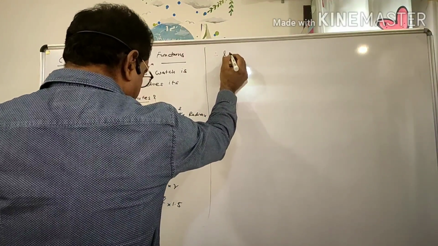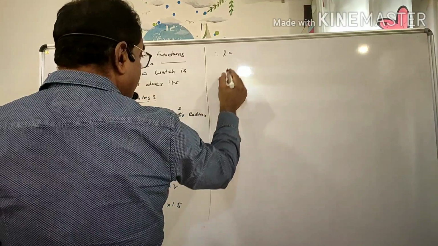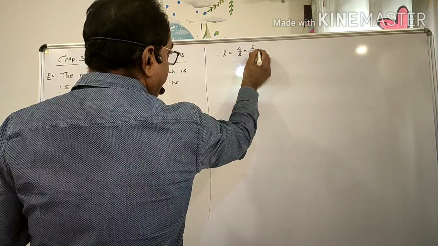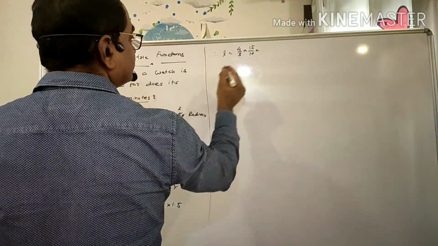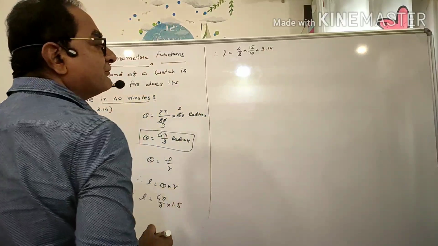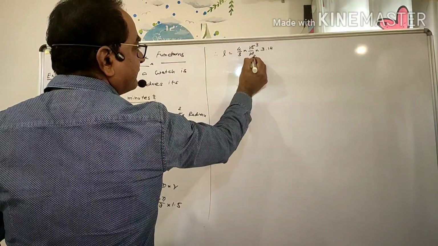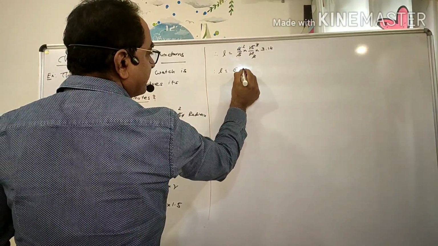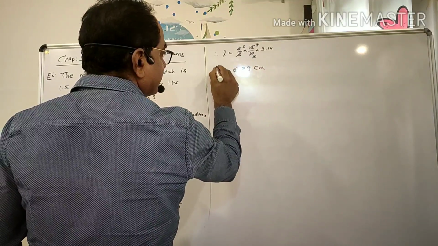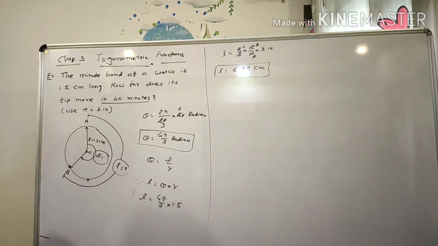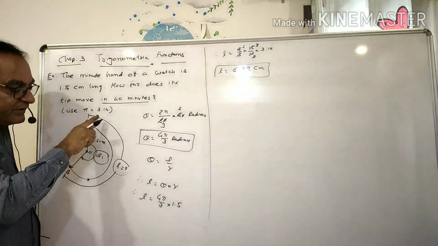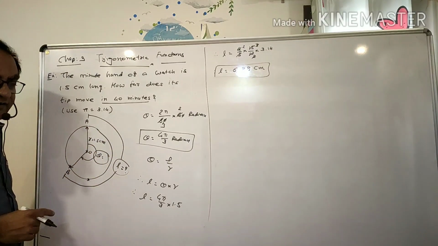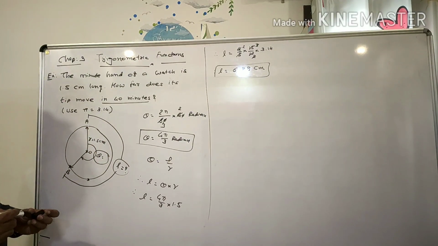Therefore L is equals to 4 by 3, 15 by 10, and for pi they have said we should use 3.14. After simplifying, L is equals to 6.28 centimeter. So in 40 minutes the tip of the minute hand will move 6.28 centimeter. This is our answer.